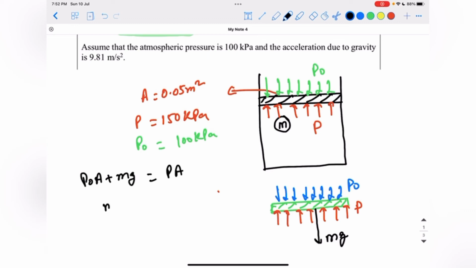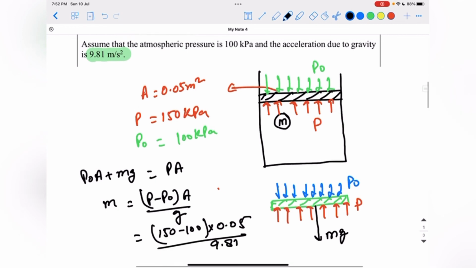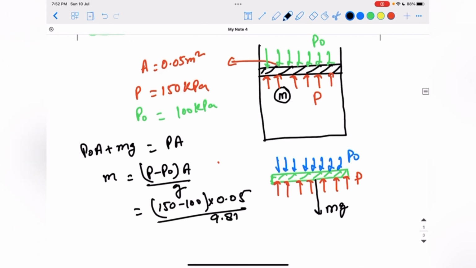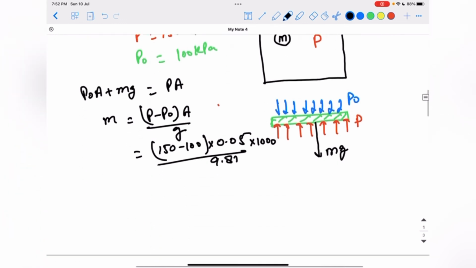I can rearrange it and write m equals (P minus P naught) A divided by g. Already we have the value of g as 9.81, and I already have P. So I can write this as (150 minus 100) into 0.05 divided by 9.81. Here the pressure is in kilopascal and I have to convert it into pascal, so I multiply by 1000 because I have to find the mass in kg.